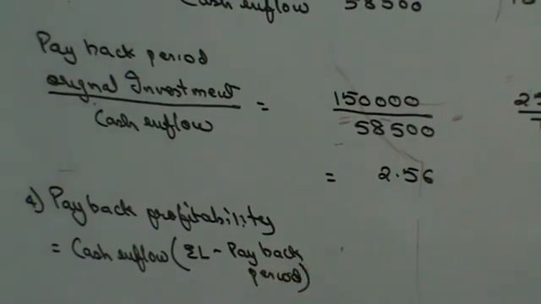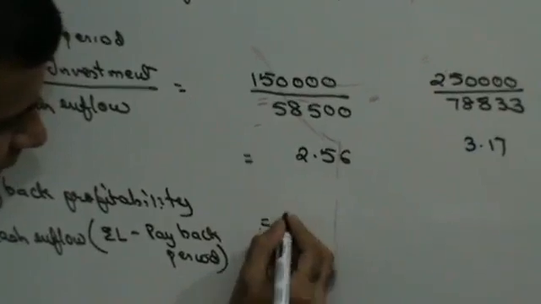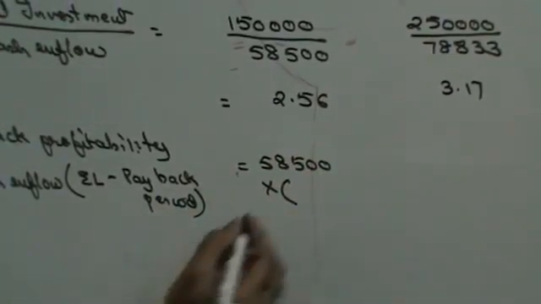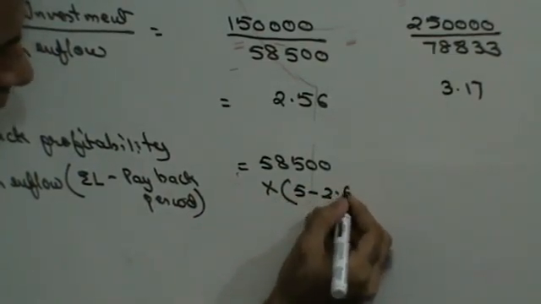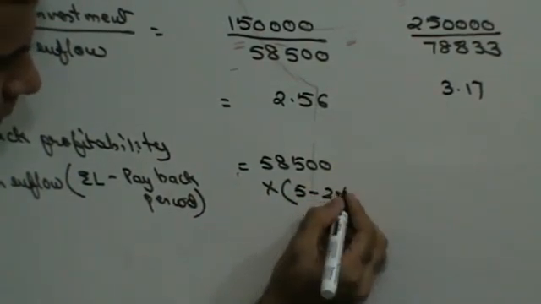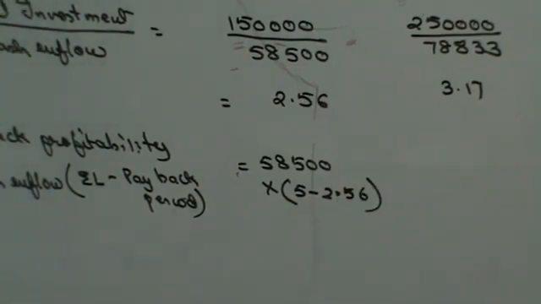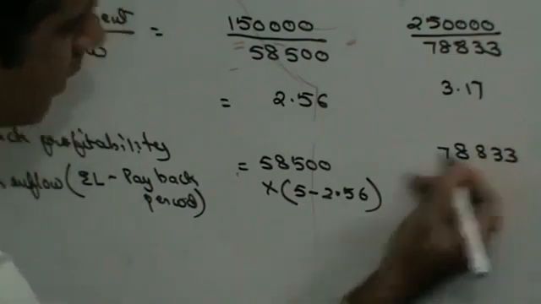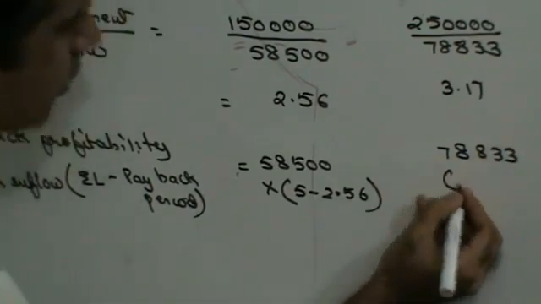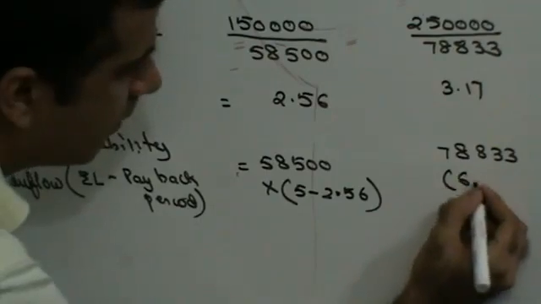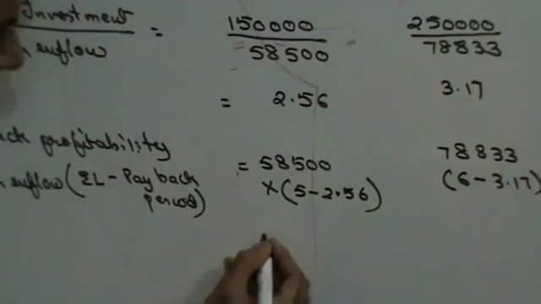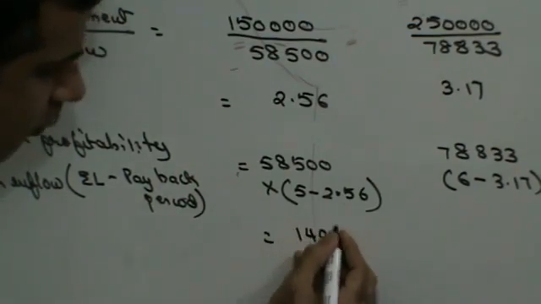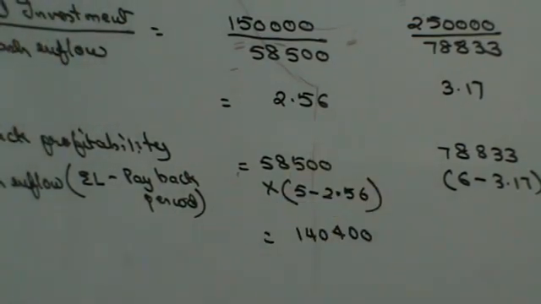Cash inflow you just found out is 58,500 into estimated life of 5 years minus 2.56. In the other case, your cash inflow is 78,833 and your life is 6 years, payback period is 3.17. So the answer is 1,40,400 in the first case.